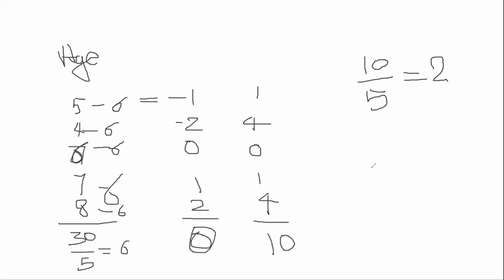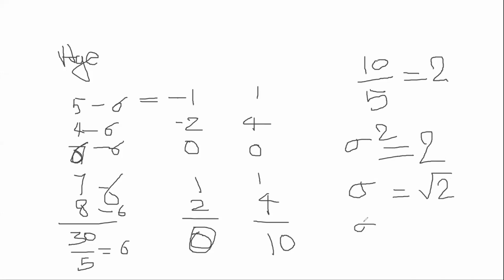This is the value of sigma squared, that means the variance is 2. Now I want to get sigma, so I take the square root of 2, and you will find it is 1 point something, which is the standard deviation of this data. So this is the simple calculation.